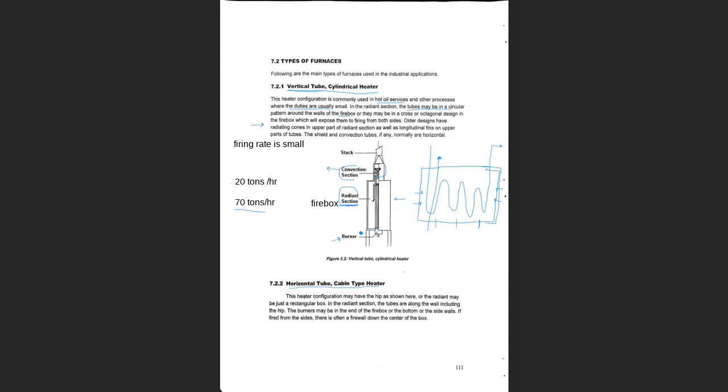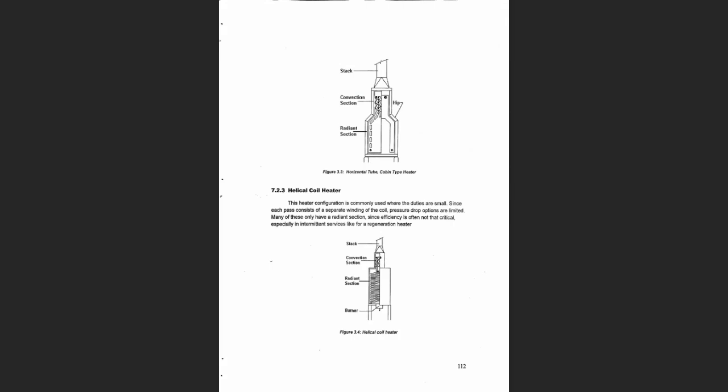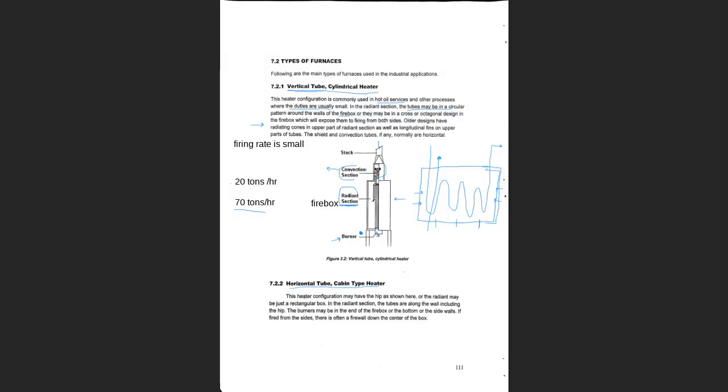So let's see, do you have a picture of this? It's not really so clear, but if you refer to the PowerPoint, inshallah you will see how a horizontal tube furnace looks like.